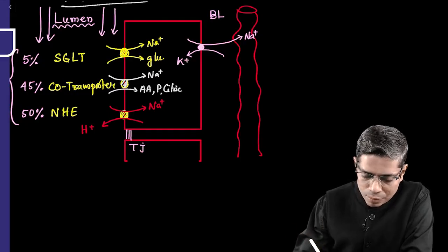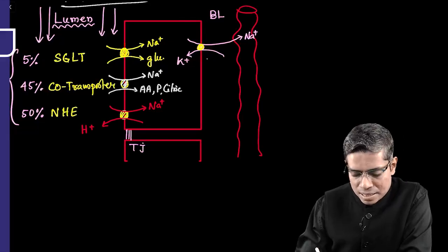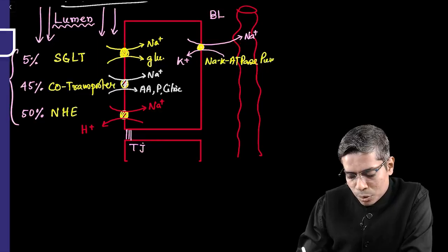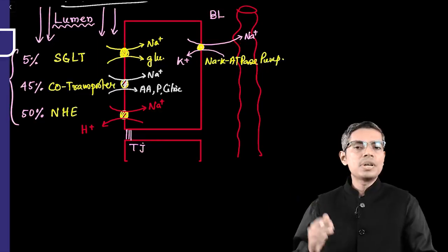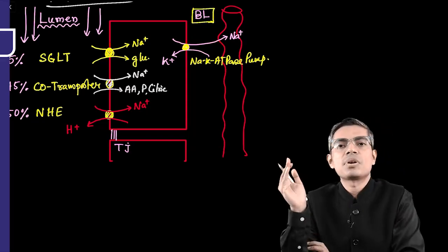So now you can understand what this transporter is. This transporter is the universal transporter, that is nothing but the sodium potassium ATPase pump, right? So please remember, from the basolateral side, maximum sodium is reabsorbed by the sodium potassium ATPase pump.